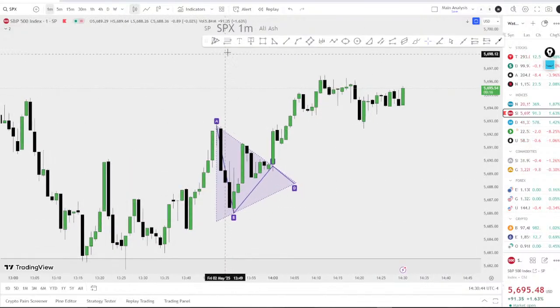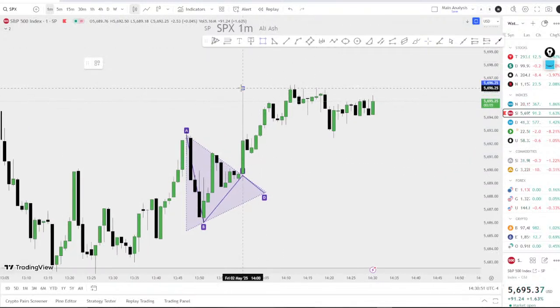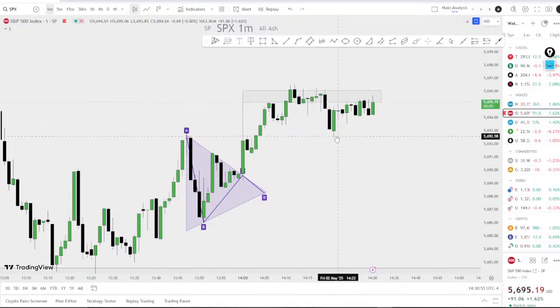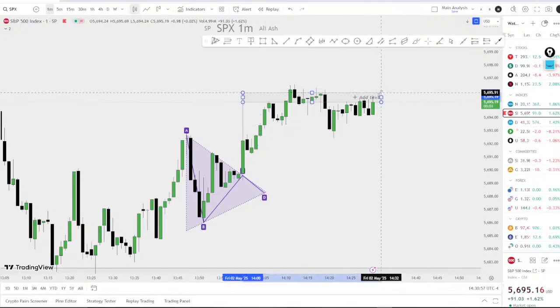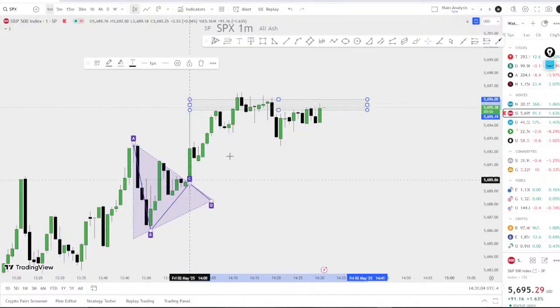Here you can see we have the pennant, and we will just be using demand, it is a direct pennant, and here we go with the reversal area. So this is the reversal area, and this was the pennant.